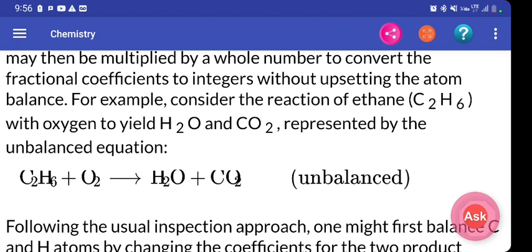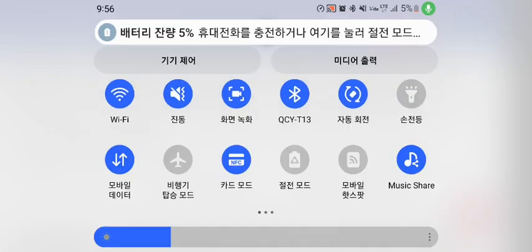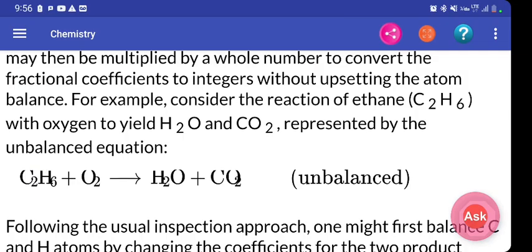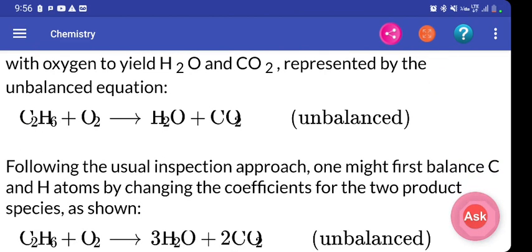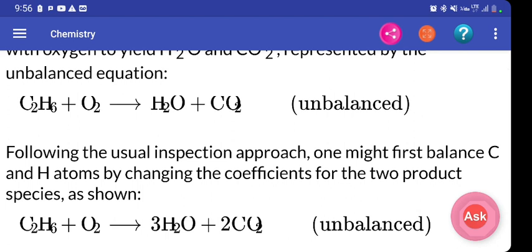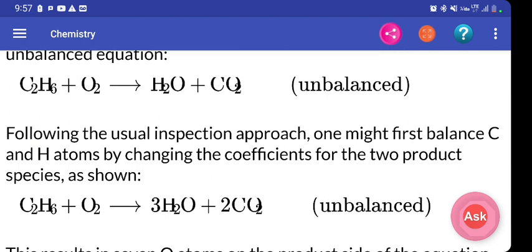C2H6 + O2 → H2O + CO2, unbalanced. Following the usual inspection approach, one might first balance C and H atoms by changing the coefficients for the two product species.